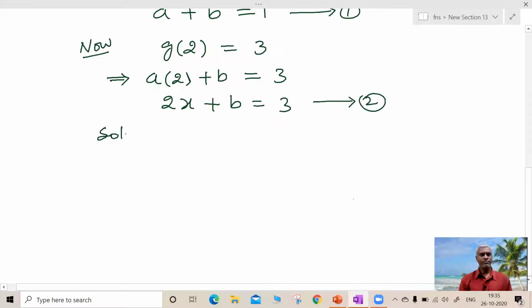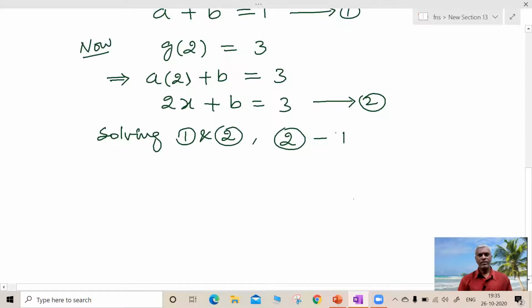Now solving these 1 and 2, I am subtracting the first equation from the second.